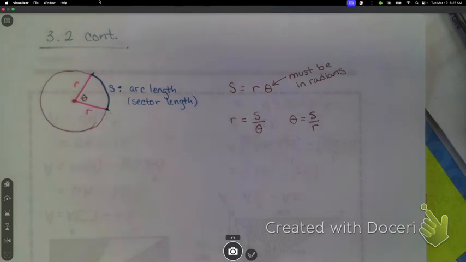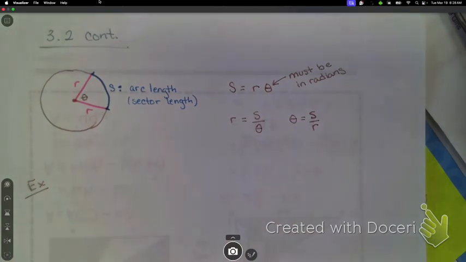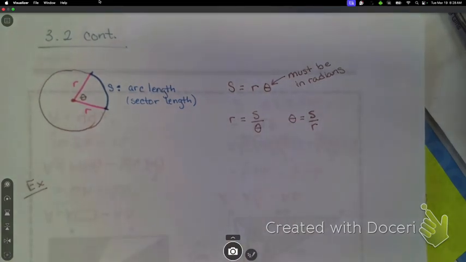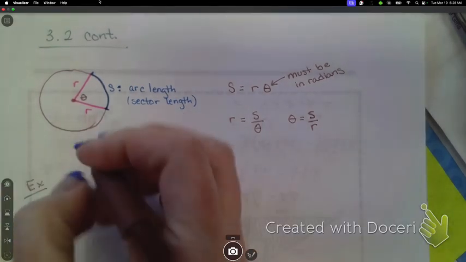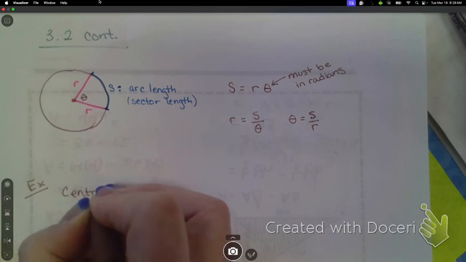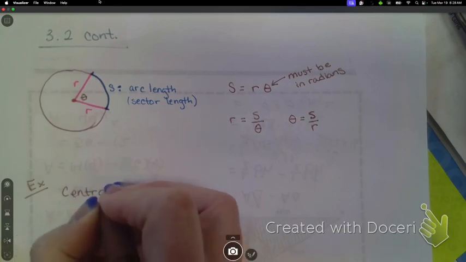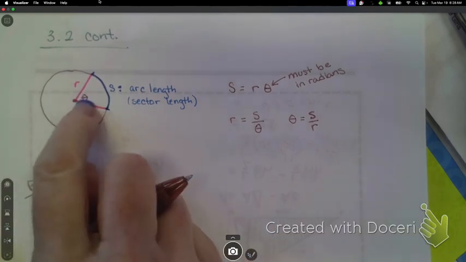So, pretty basic to use, correct? You need three things. So if I have a central angle, what's the central angle? The central angle is theta.